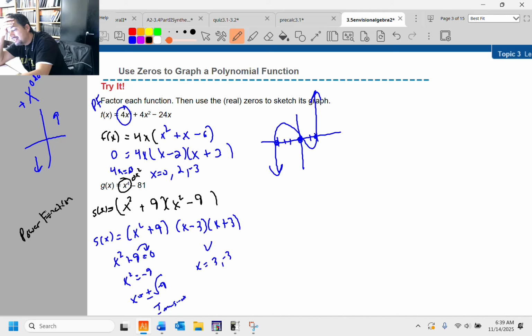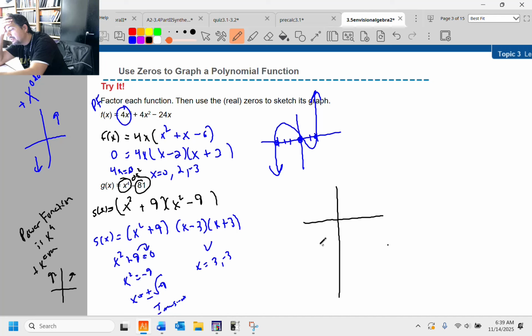The first term in standard form is x to the fourth. That is a positive x to the even. Think x squared. Starts high, ends high. Of course, this one's really simple. It's just a parabola. And I know that the y-intercept's negative 81. That thing's in standard form.